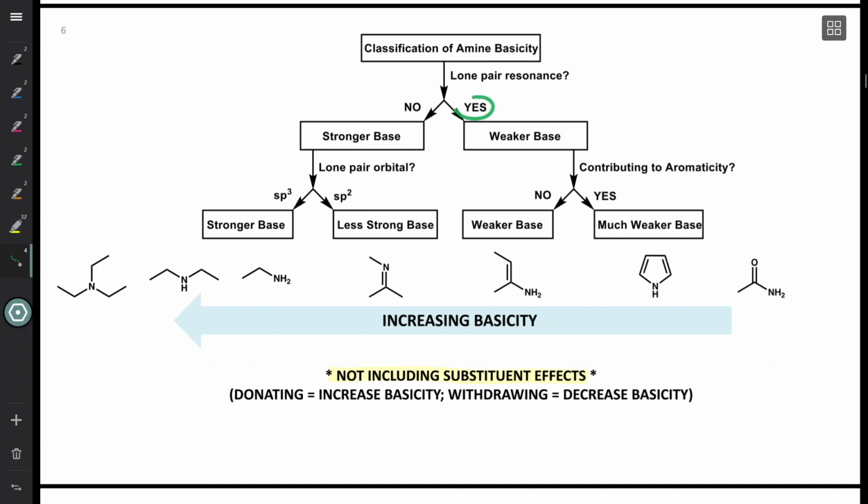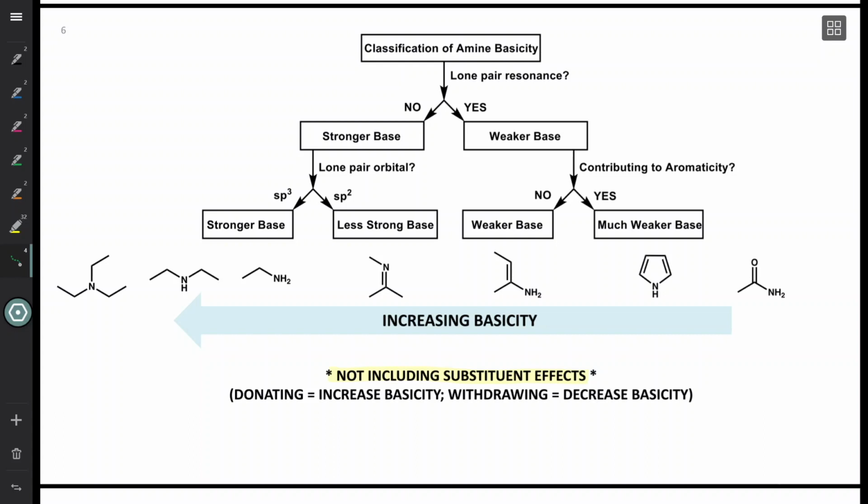So yes, that would make it a weaker base. And if it's contributing to aromaticity, right, even a weaker base. So pyrrole is weaker than just, say, having a conjugated amine. So this amine, that lone pair, could be conjugated with this double bond, but this is not aromatic, whereas this is.